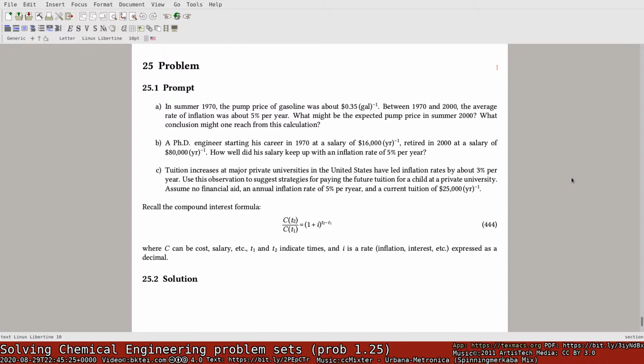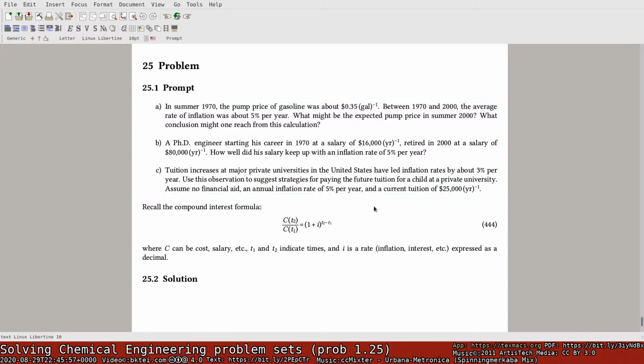Part C. Tuition increases at major private universities in the United States have led inflation rates by about 3% per year. Use this observation to suggest strategies for paying the future tuition of a child at a private university. Assume no financial aid, an annual inflation rate of 5% per year, and a tuition of $25,000 per year.